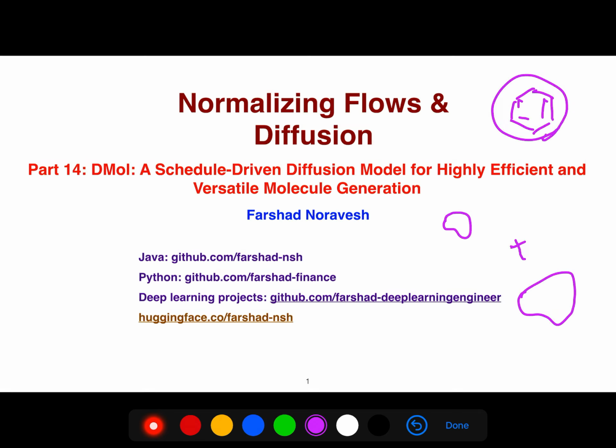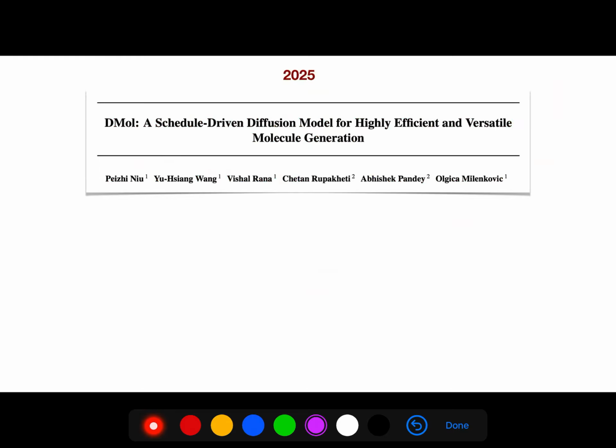So they put all of them into one node, so your graph is reduced, so your training and sampling is more efficient. So these two are the major contributions of this paper in 2025.